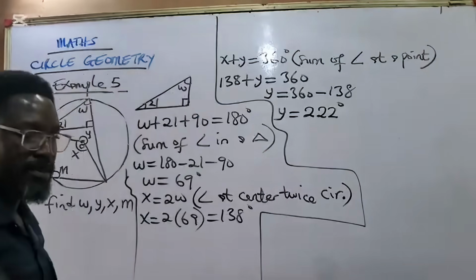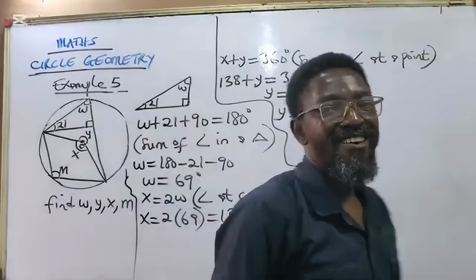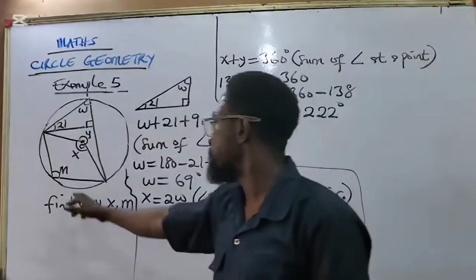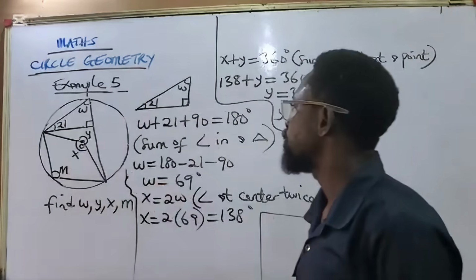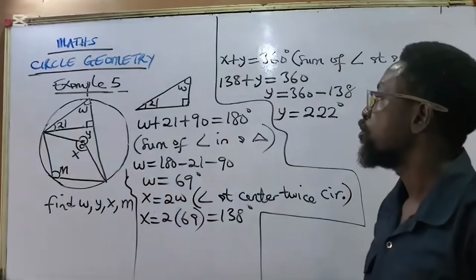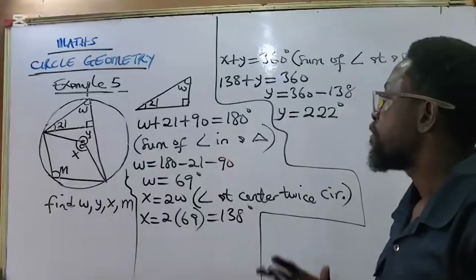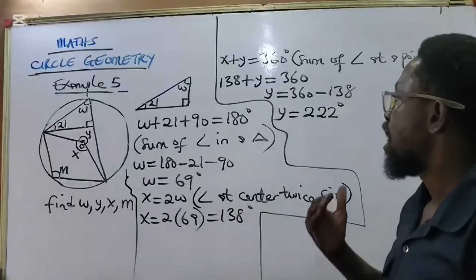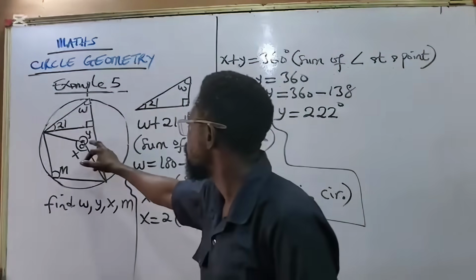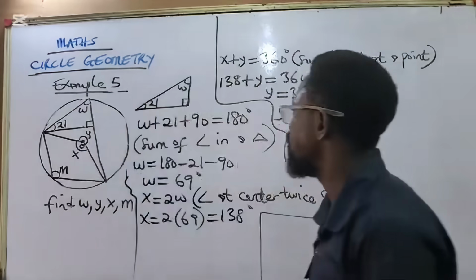So now that I've obtained the value of Y, what is left is the value of M, which I'm sure, looking at that question now, you know how to obtain. So there's another theorem again. Angle at center is twice the circumference. So Y is for the center, M is for the circumference.